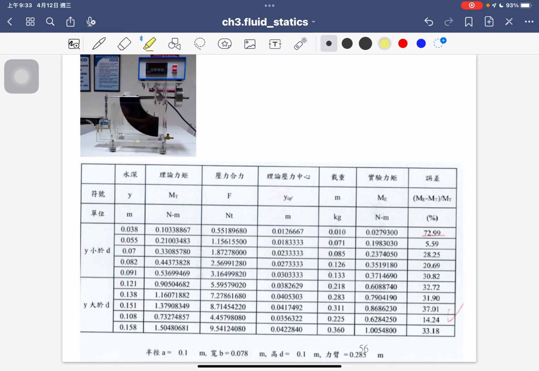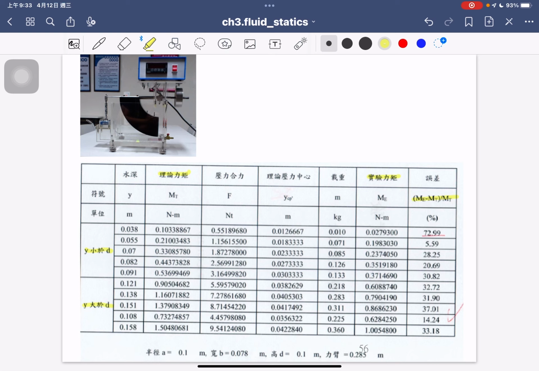You will compute the theoretical moment, and you have the true moment, and you will compute the difference between the true moment and the theoretical moment. Sometimes you have two different conditions: y is less than d, or the y depth is larger than d.